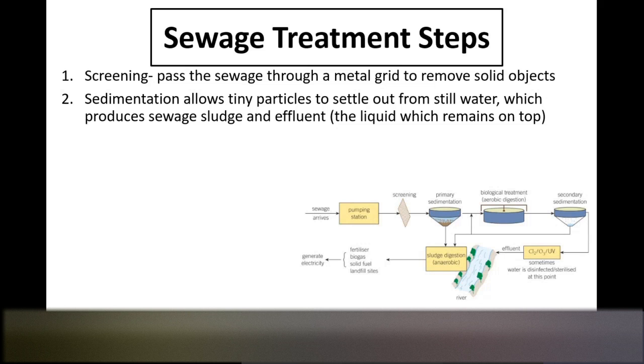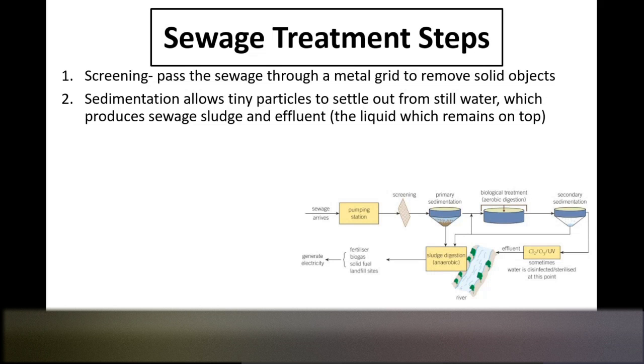And the water on top, we call the effluent. So we've got two things here. We've got the sludge, which contains the tiny particles. You can imagine what type of tiny particles will come from human waste, household waste, industrial waste, and agricultural waste. And at the top will be the water, which we call the effluent.